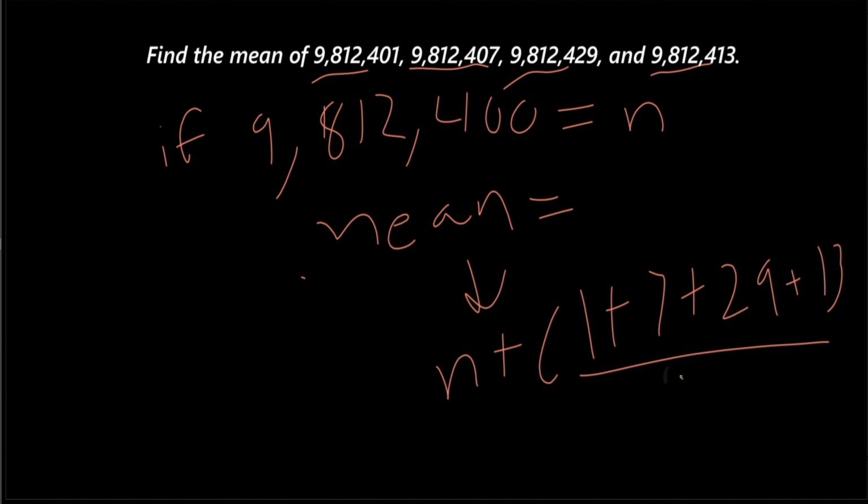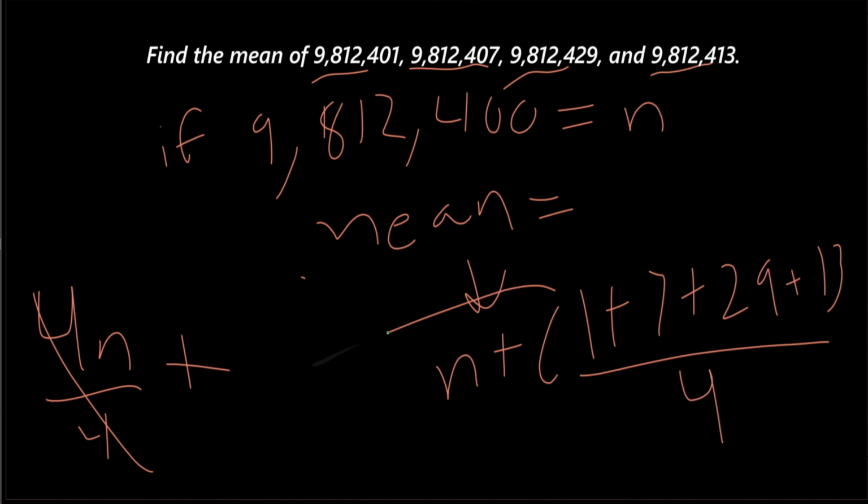Now, let me show you the reason this works. So imagine n is any variable. In this case, it's 9,812,400. Then, here's how we would calculate mean. So the mean, if we included this big number, would be 4n over 4, because there are 4 n's in each one, plus the mean of the last 2 digits.